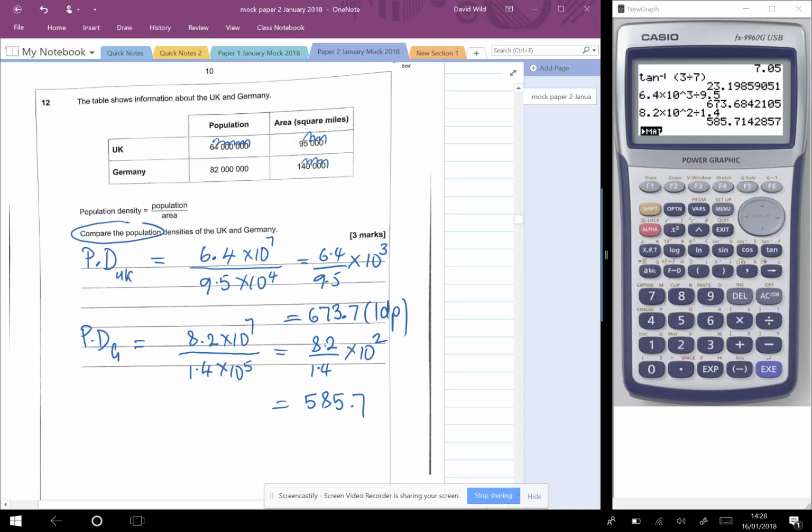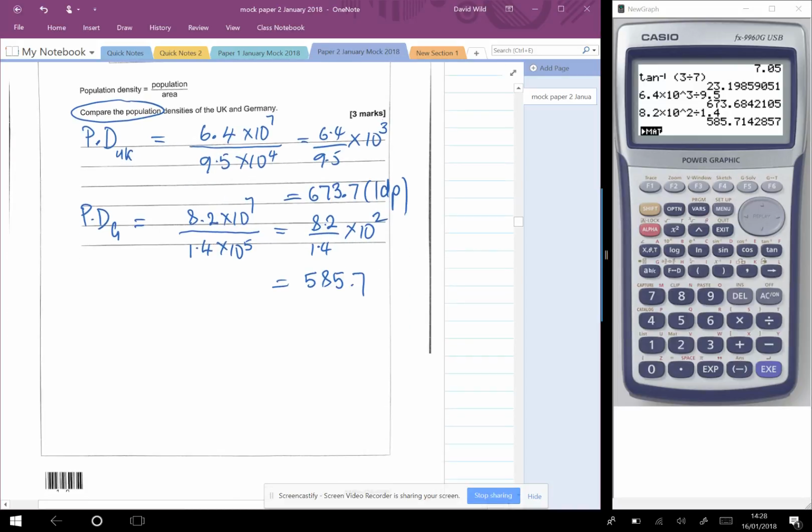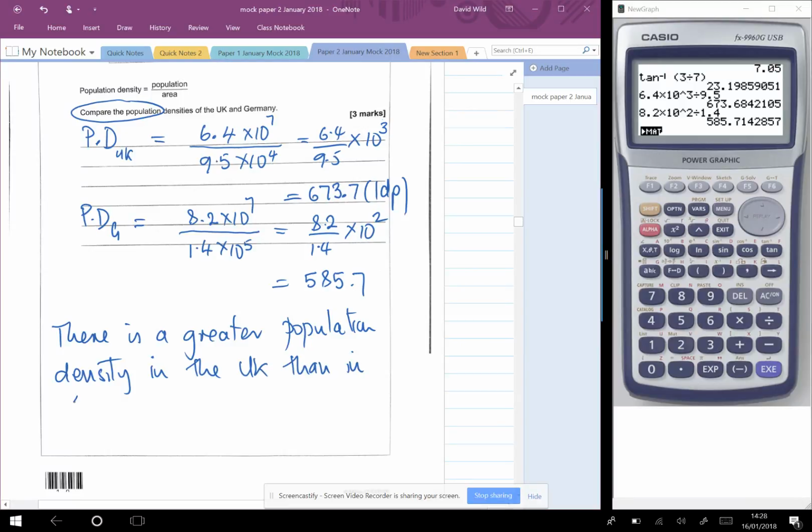We need to compare population densities. So there are a greater number of people per square mile in the UK than there is in Germany. The 673 is bigger than 585, is a greater population density in the UK than in Germany.